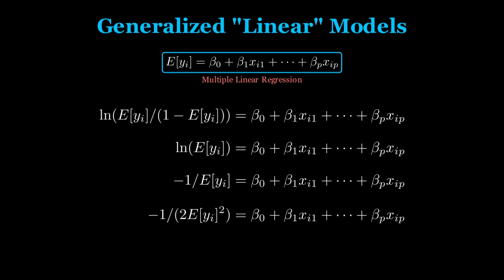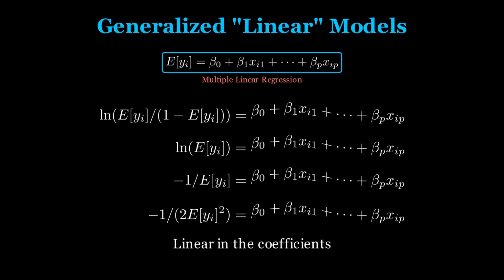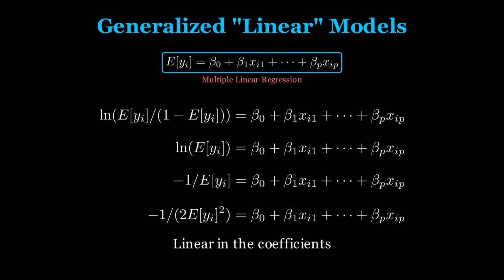But instead of directly equating the expected value of y_i, they can take the form of any of the formulas on the screen. Note that all of these are still linear in the coefficients. However, by expressing regression models this way, generalized linear models allow us to model a variety of different relationships between the mean of the response variable and predictor variables. We're no longer limited to a simple linear relationship.